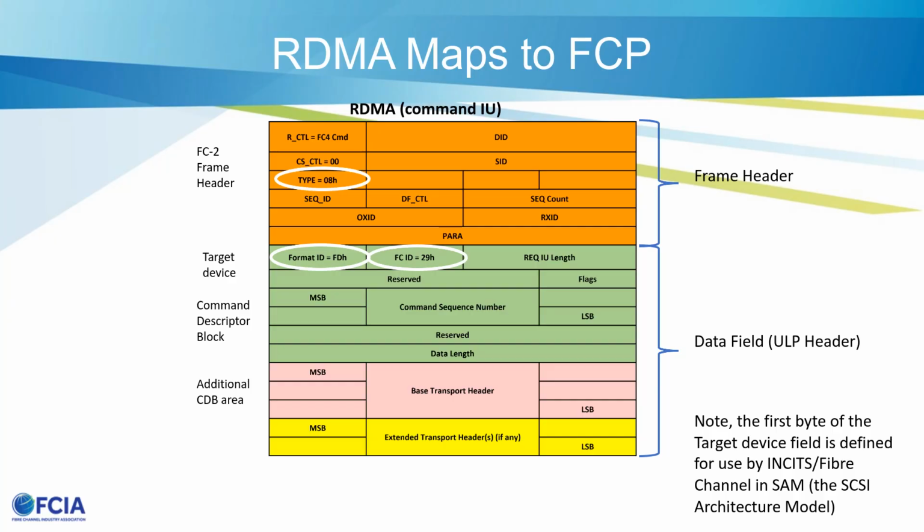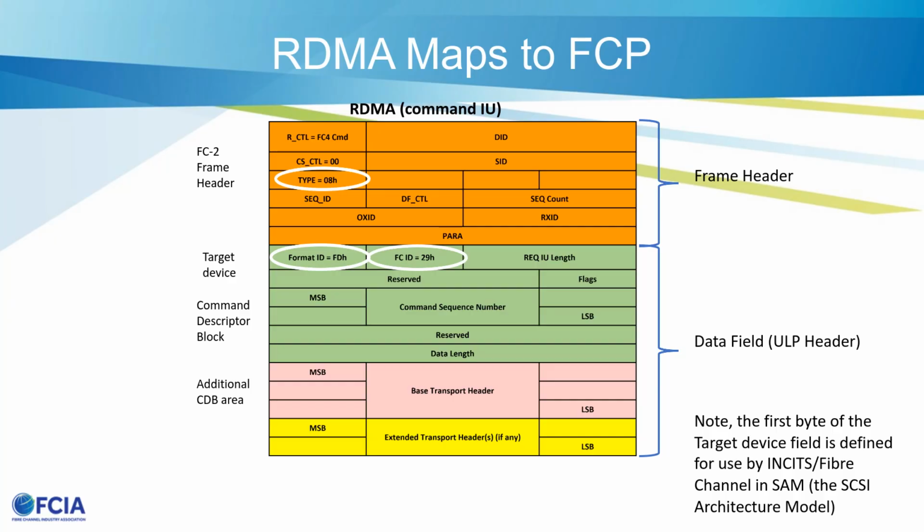Once again, taking a look at how that maps onto the Fibre Channel frame itself. Again, the type field is set to 08, indicating, hey, this is a Fibre Channel transport frame. We can use the data engine, and in our ULP header, that first byte is set to 0xFD, indicating that it's an Inside Fibre Channel upper layer protocol adaptation.